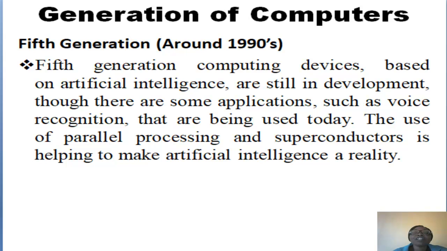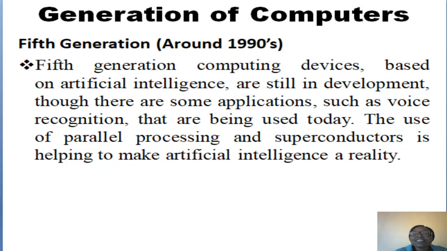Looking at the fifth generation of computers, which was around the 1990s, the fifth generation computing devices were based on artificial intelligence. When we talk of artificial intelligence, this is a generation where we make machines perform like human beings.